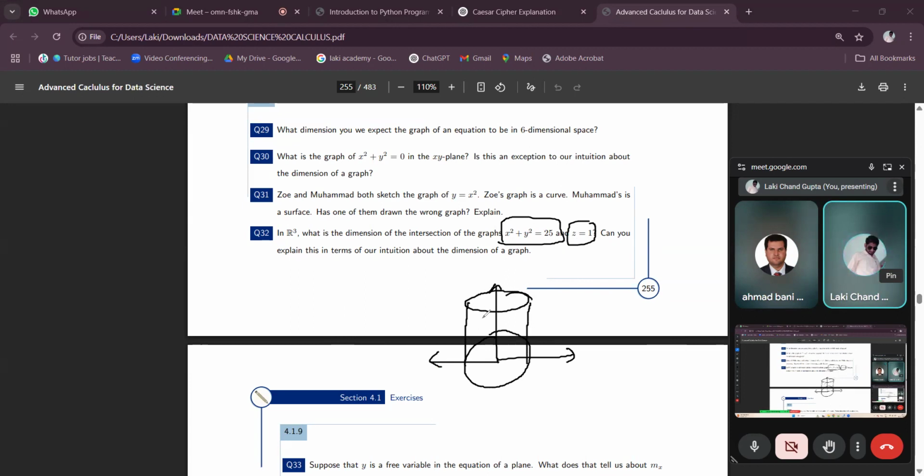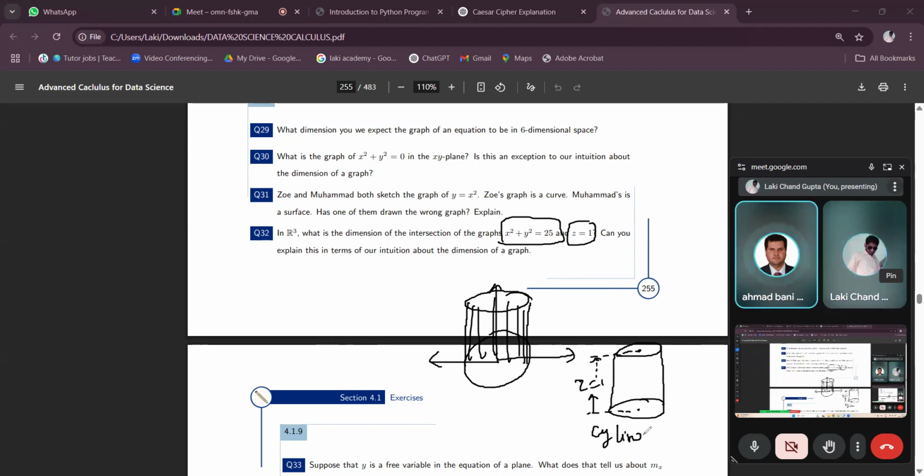It means you will get a cylinder. A cylinder is what? A circle with radius 5 with height. This is the height.